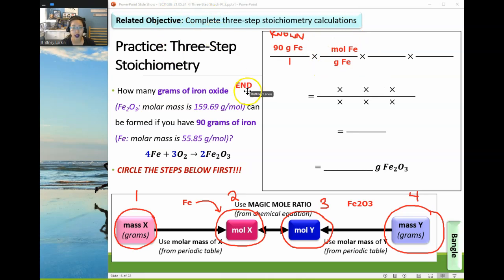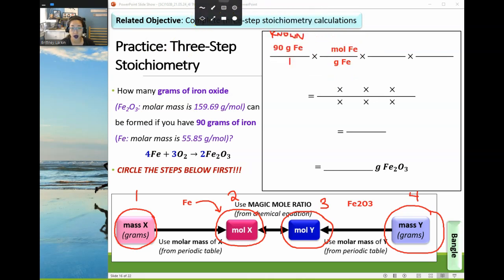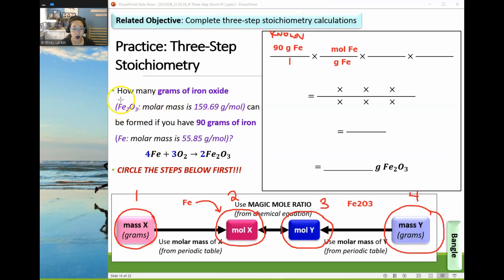Now, what we need to think about is we need something that is always standardized or true, that has both moles and grams, specifically of iron. So taking a look here, we have a couple of standardized things. So I'm going to go ahead and box them up here, right? We have the molar mass of iron oxide, we have the molar mass of iron, and we have the chemical equation right here.